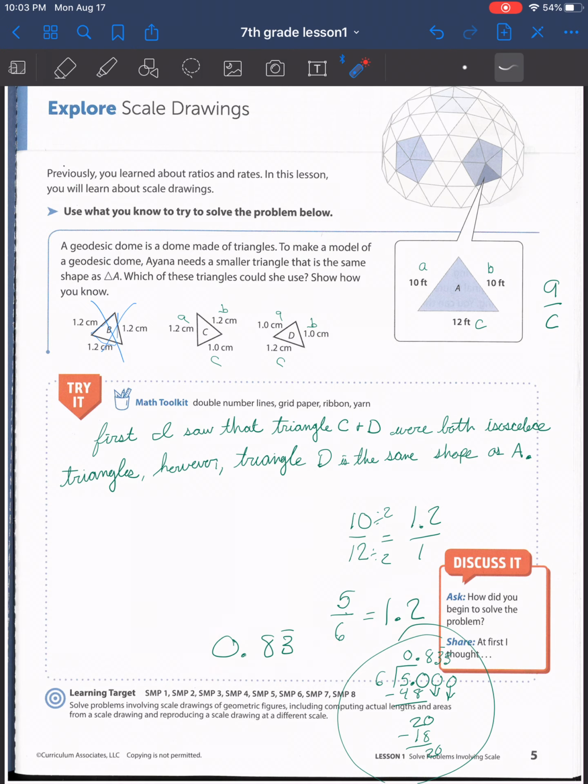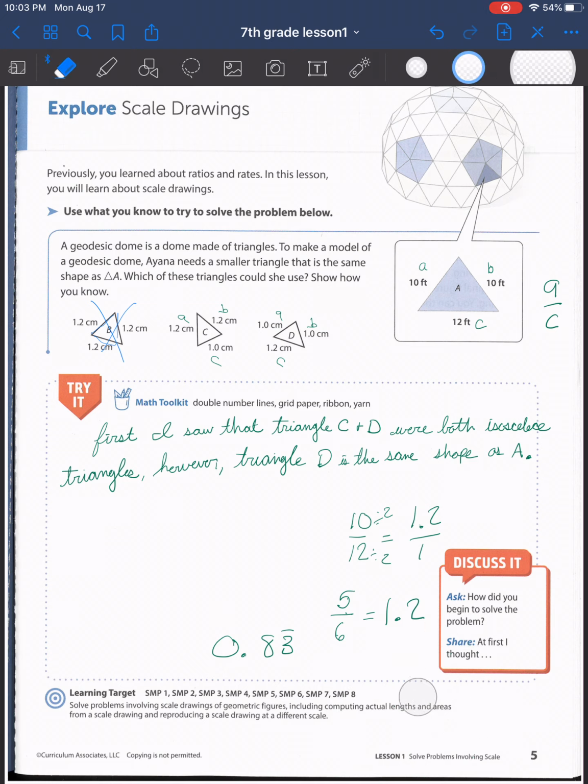No, definitely not. Okay, so I'm not going to erase all my work because I don't want to make it look like I didn't do anything. But here's what I'm going to write up in my description.